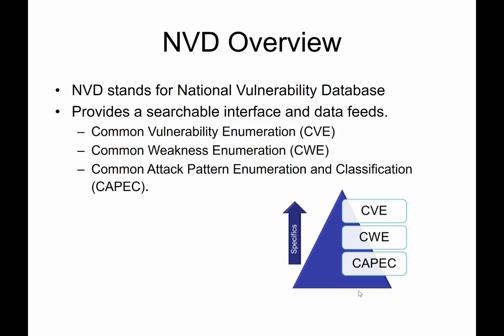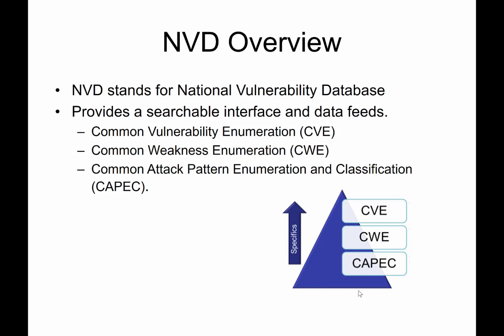CWE stands for Common Weakness Enumeration, and it has to do with the vulnerabilities within a product or system. You can understand it like this: CWE is like a dictionary, and it includes a ton of categories.